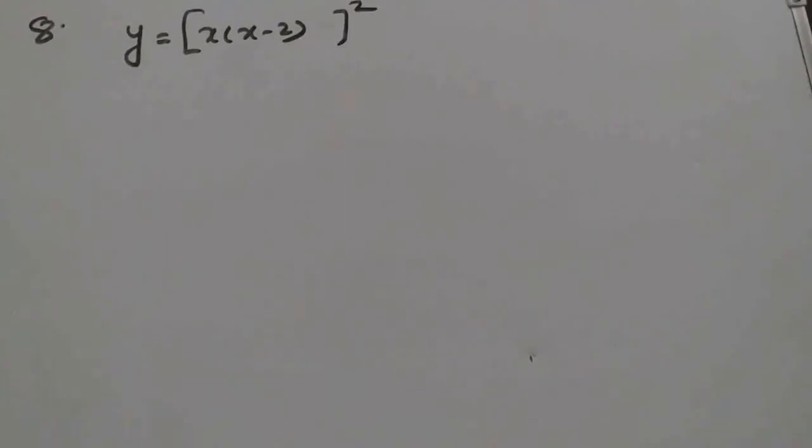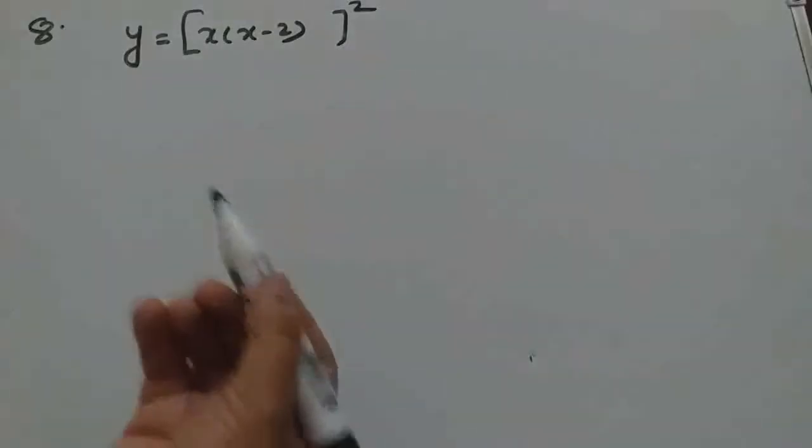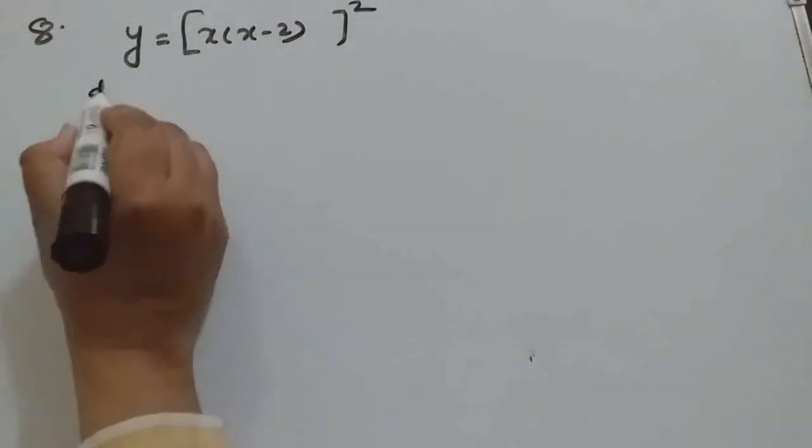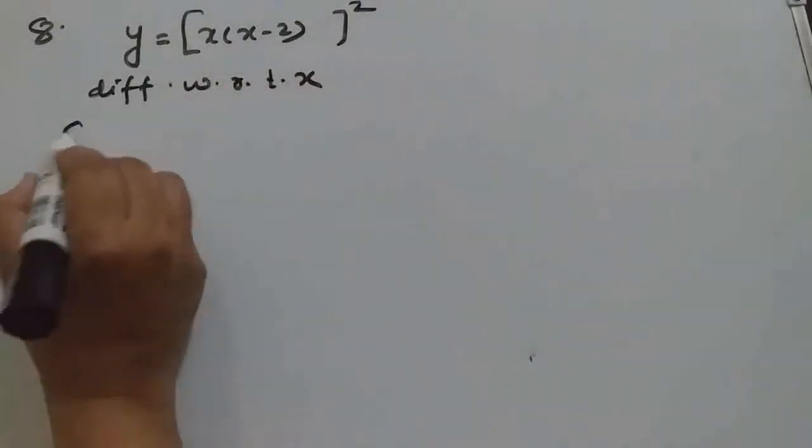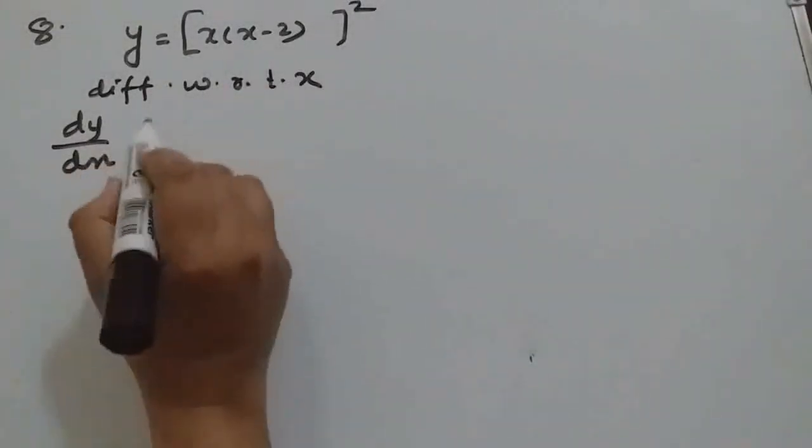Question number 8 is find the values of x for which this function is an increasing function. That means here it is already given derivative is greater than 0, and we need to find x value. So derivative is greater than 0, so we should know the derivative. So differentiate with respect to x, dy by dx.